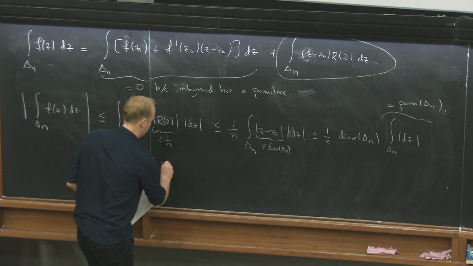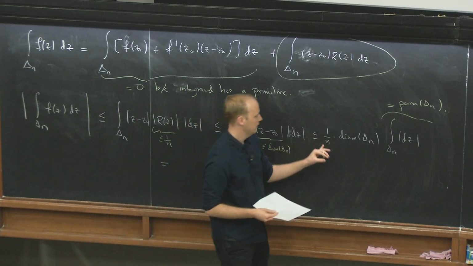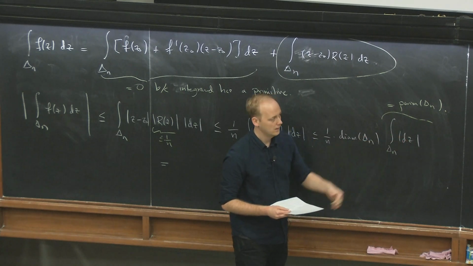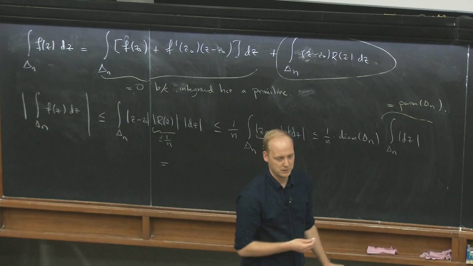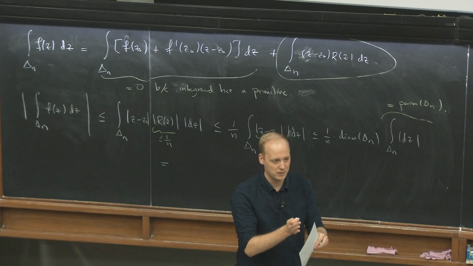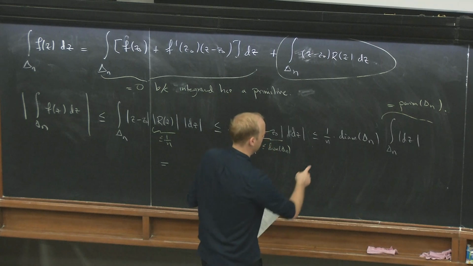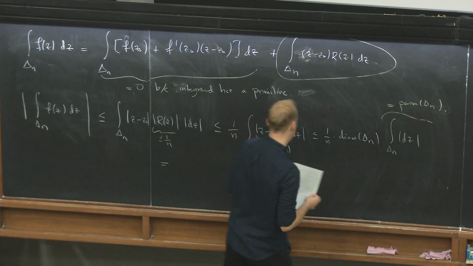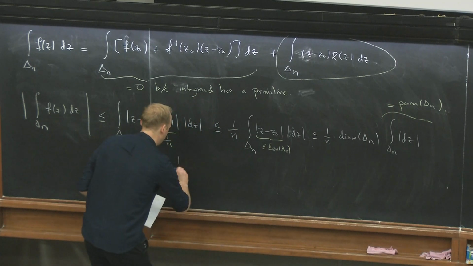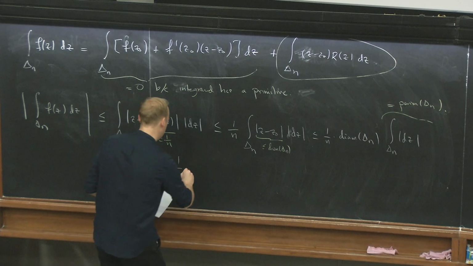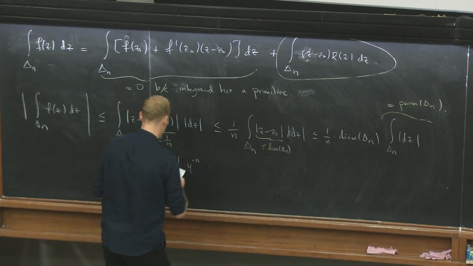And then this is equal to 1 over n times the diameter of delta n times the perimeter of delta n. But then we wrote on the other board that because we exactly subdivide each side into 2 at every step, these things will be divided by half at each step. So this will be equal to 1 over n, 2 to the minus n times 2 to the minus n. So I get 4 to the minus n.